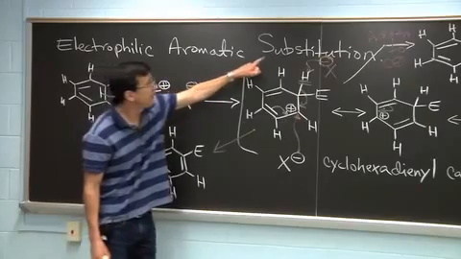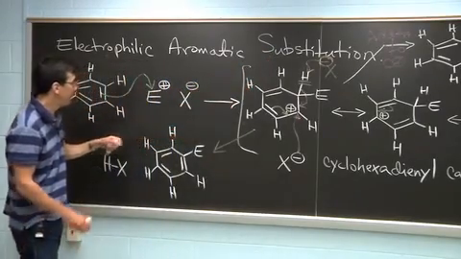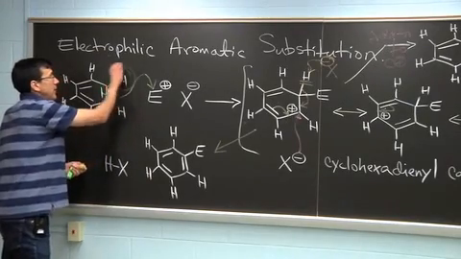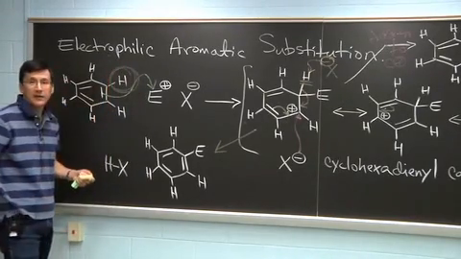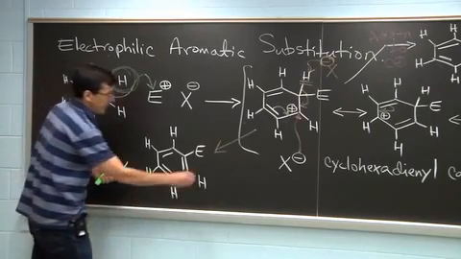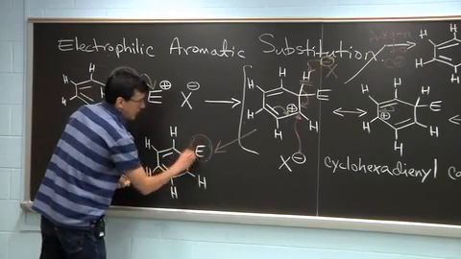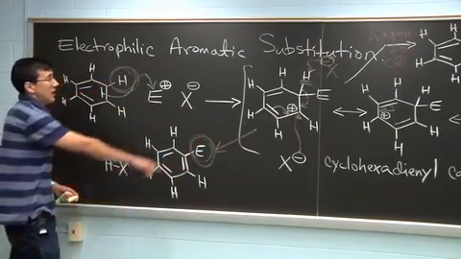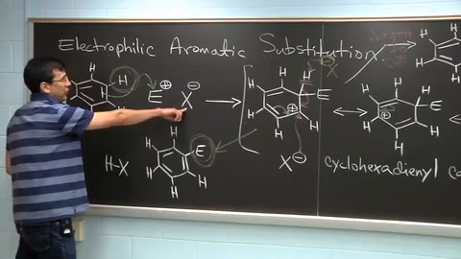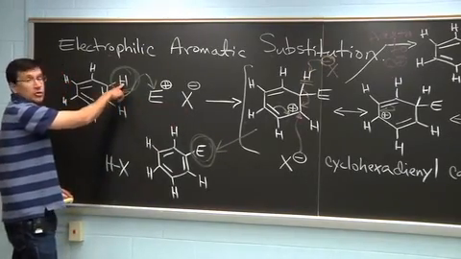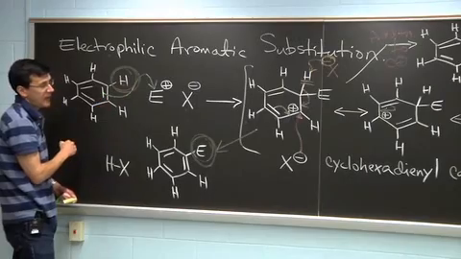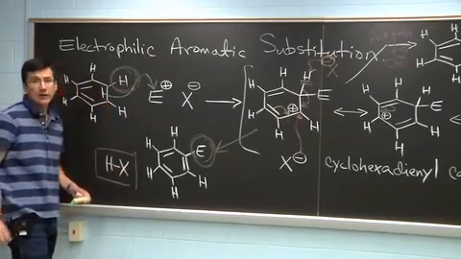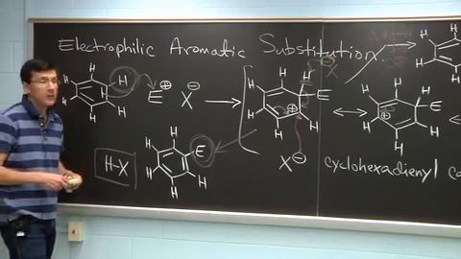And finally, the substitution part comes from the fact that you are replacing or substituting a group on the benzene ring, in this case a hydrogen, and you're substituting that hydrogen with E, and then the pieces that are left over at the end are the counterion from the original electrophile, and this hydrogen right here, which is lost as a proton. So the byproduct then would be HX.